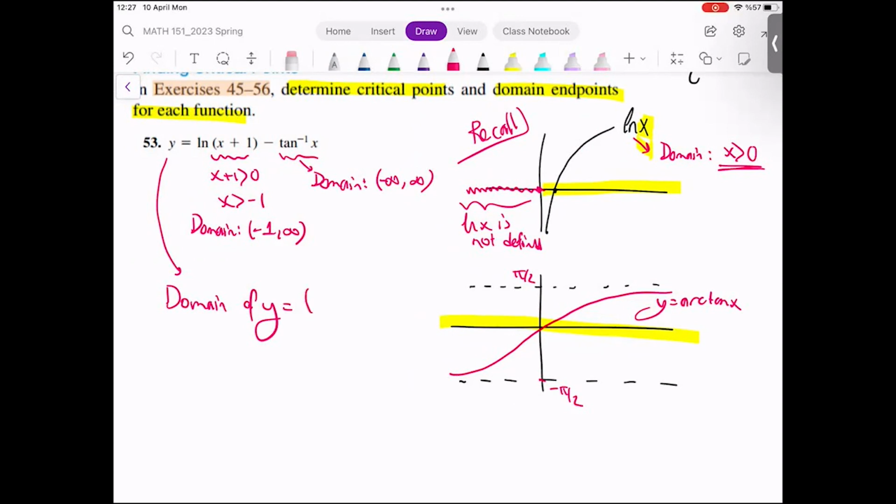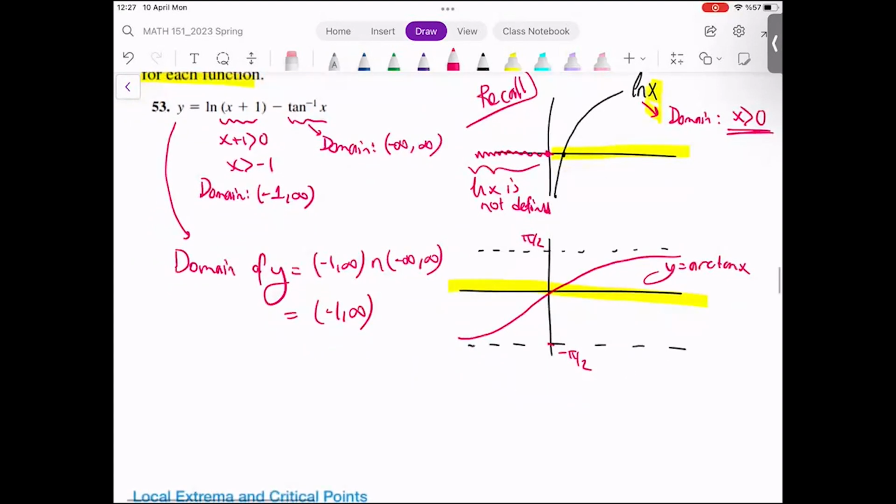So we will take the intersection of this with this, which is obviously this one because the other part is the whole real line. The domain of y is from minus 1 to infinity. Is this part okay? The domain part is like that.